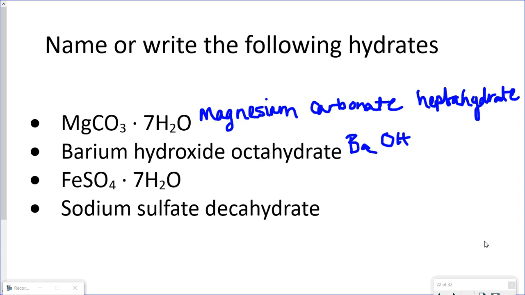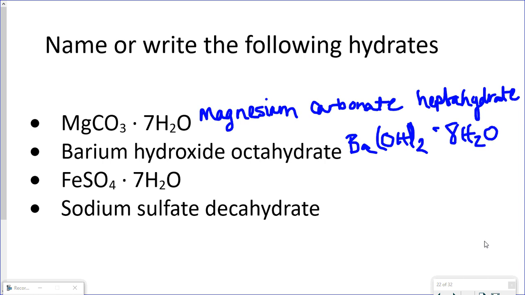Remember, you have to put parentheses around the OH. And then octahydrate, remember you put a dot connecting it to the hydrate. And then octa is 8, so this will be 8H2O. So Ba(OH)2 dot 8H2O. Let's look at our next one.